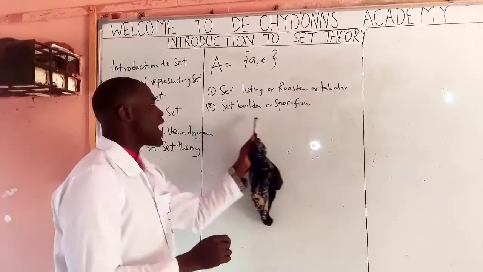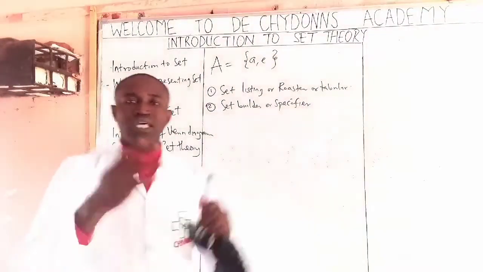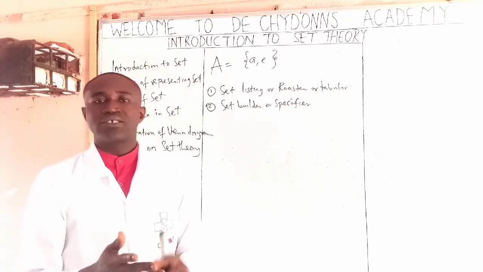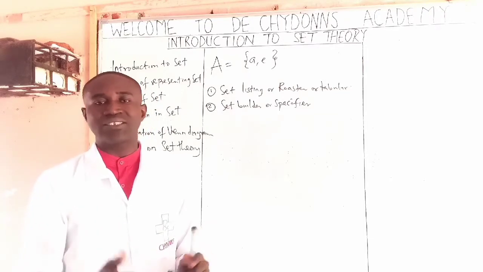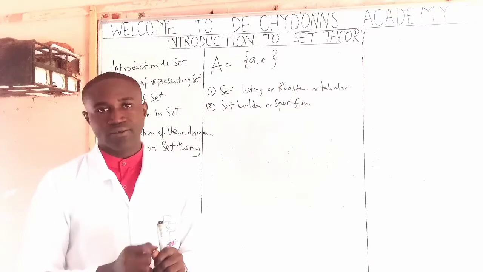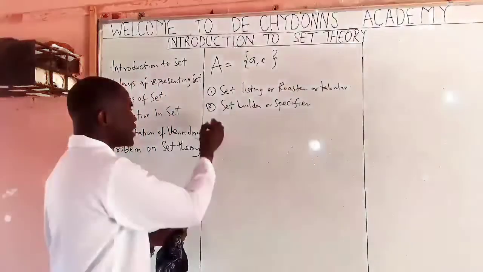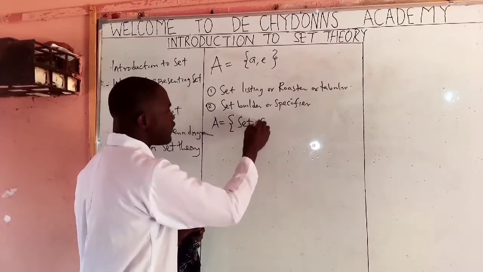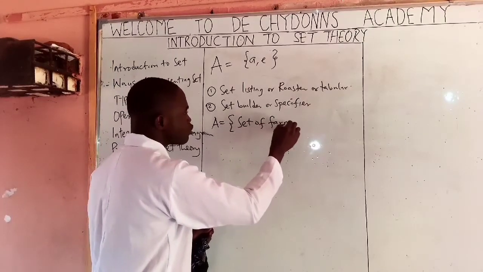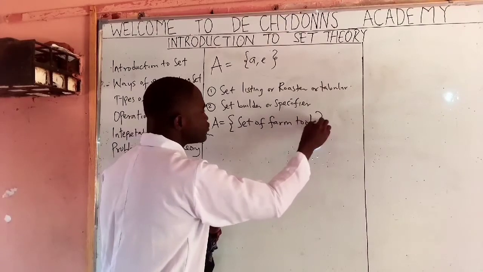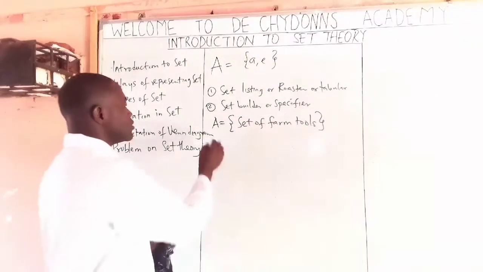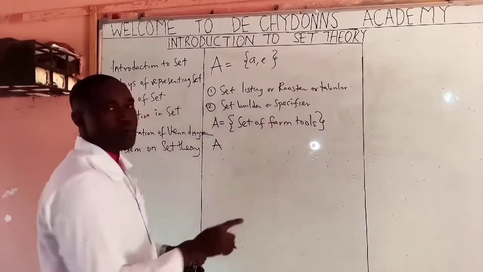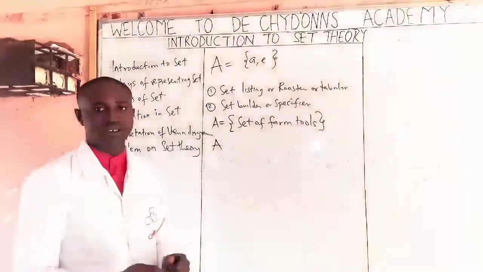What do we mean by the set builder or specifier method? This is another way of representing a set by using formulas, symbols, grammar, or sentences. Take for instance, let's say set A is equal to the set of farm tools. This one is called the set builder or specifier method because you use grammar to represent it.